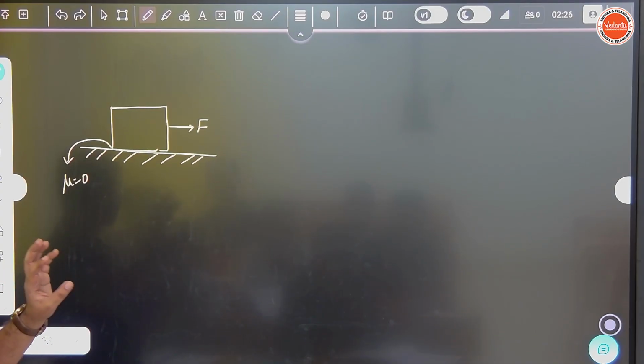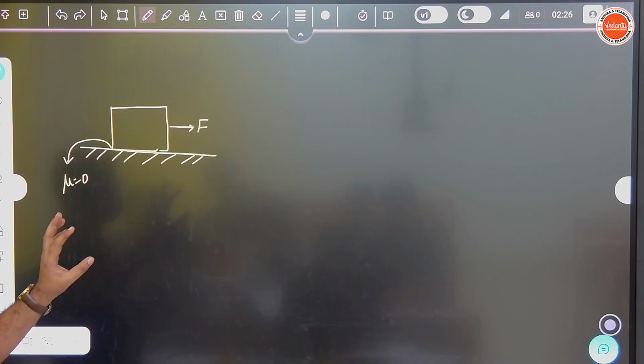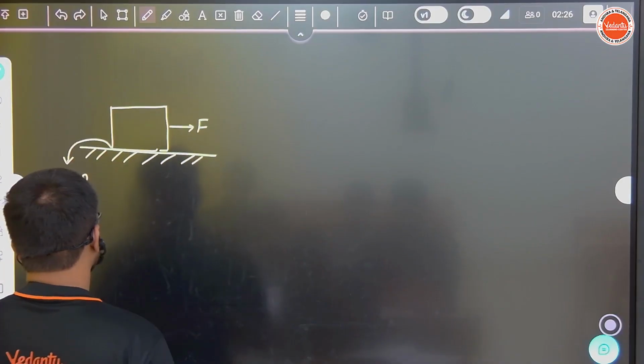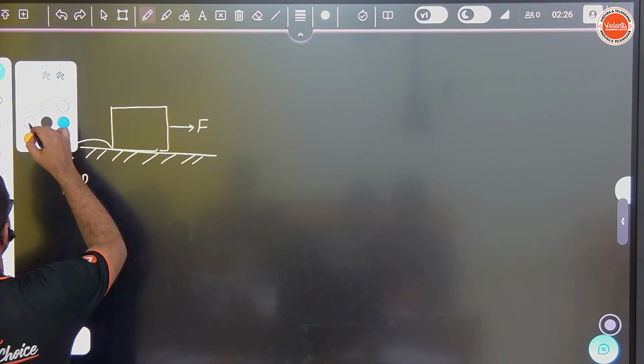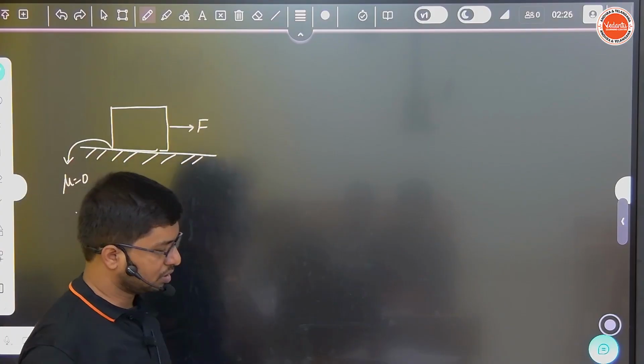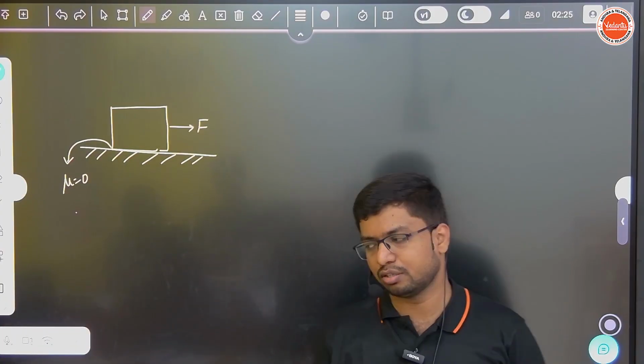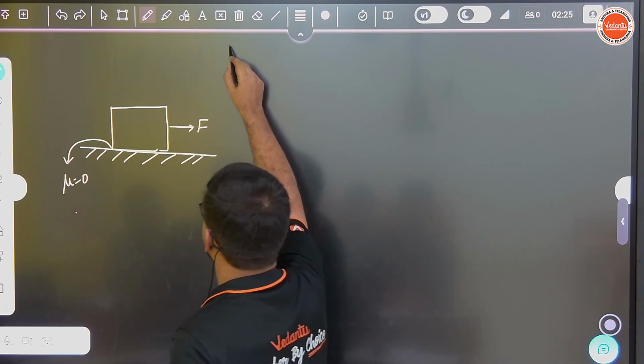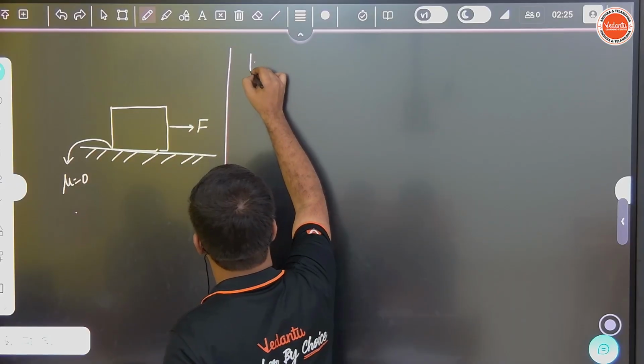Understood now? Work done is a way to transfer energy either to the body or from the body. Clear? Right. Now, I'll come to the power later. Now let us look at your work energy theorem.